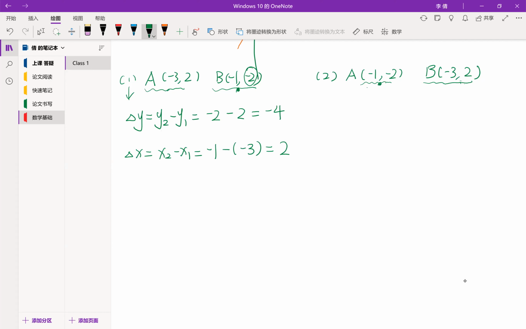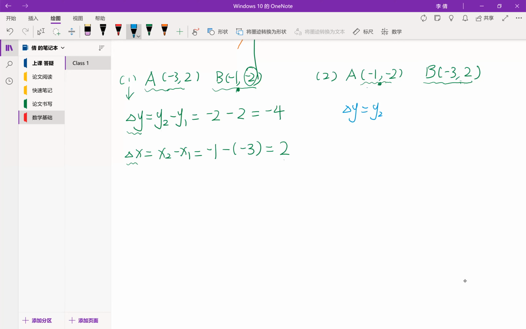So the increment in y is equal to -4, and the increment in x is equal to 2 for the first exercise. And for the second exercise, delta y is equal to y sub 2 minus y sub 1.